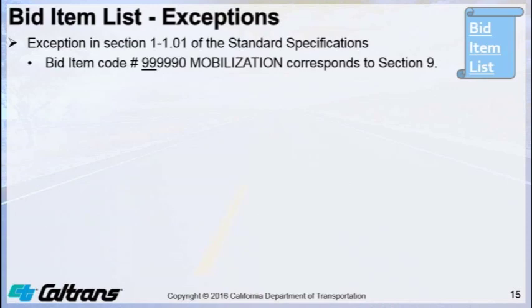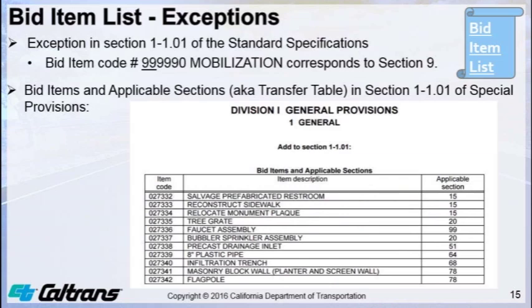Let's talk about the two bid item exceptions. The first exception is in section 1-1.01 of the standard specifications. Bid item code 999990 mobilization corresponds to section 9.